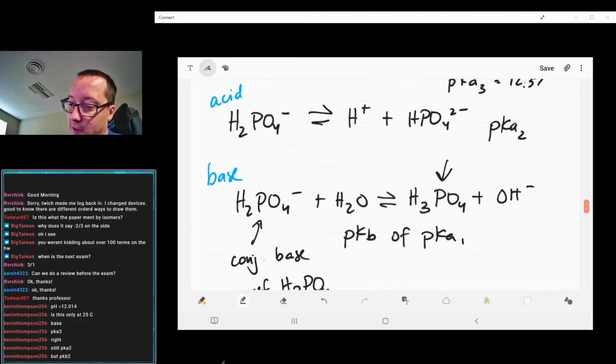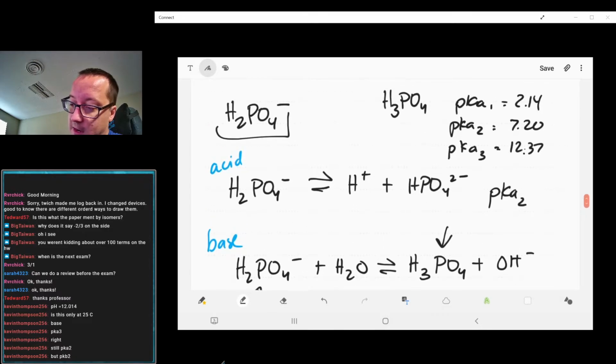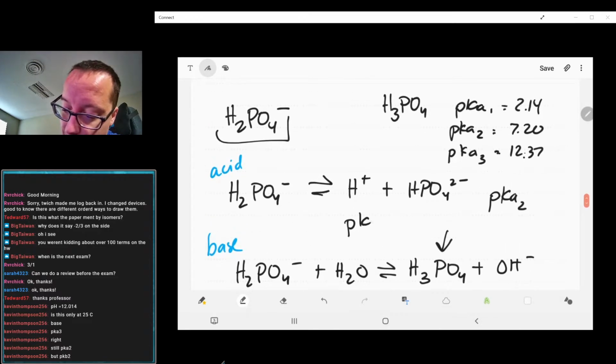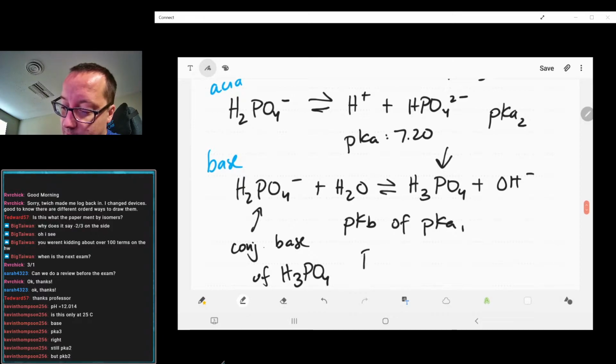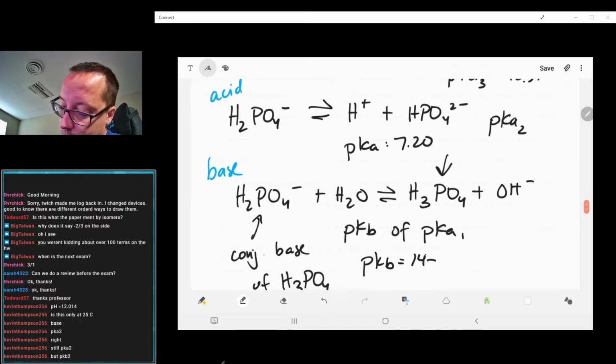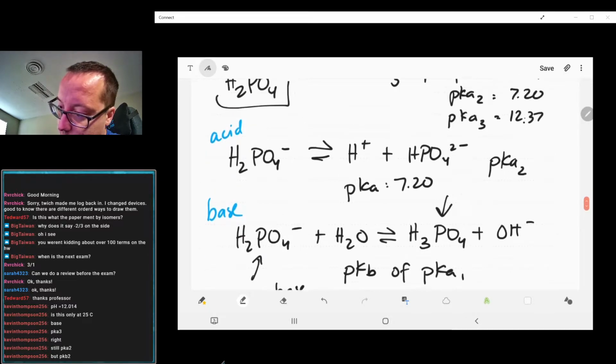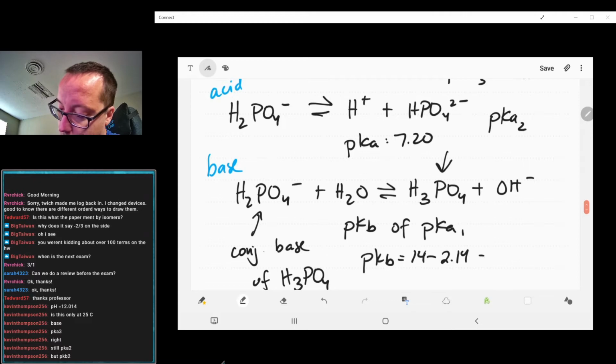So if we're looking at that, we're going to have a pKa of 7.20. And if we're going to calculate the pKb of this one, we're going to see 2.14, which is going to be, what is that going to be? I know how to do math. 11.86, maybe?